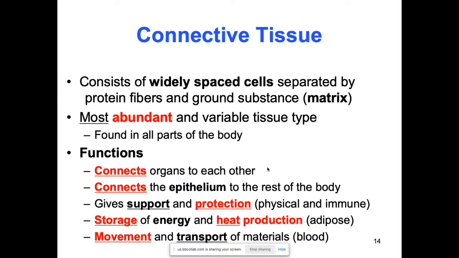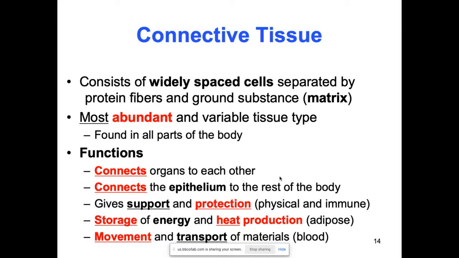When you get blood pulled out of you and it goes through a centrifuge and it gets spun and it separates, only 45% of that blood is going to be formed elements like red blood cells and white blood cells. The other 55% is matrix. So that's a classical definition of connective tissue. Some cells, lots of matrix. Epithelium, lots of cells, little matrix.